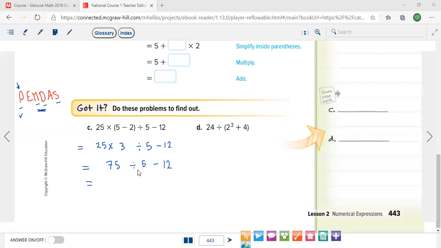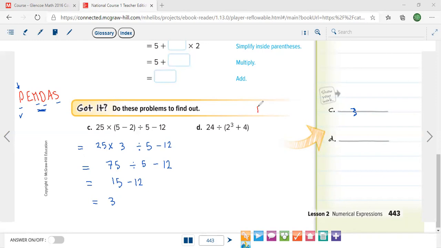Now we do the division. So 75 divided by 5 is 15. Finally, 15 minus 12 is 3. Final answer is 3.